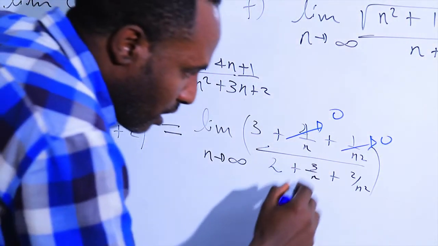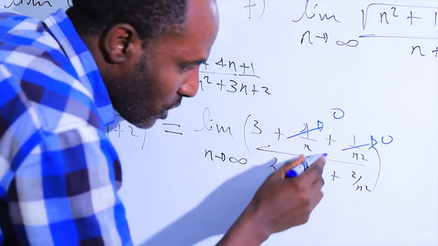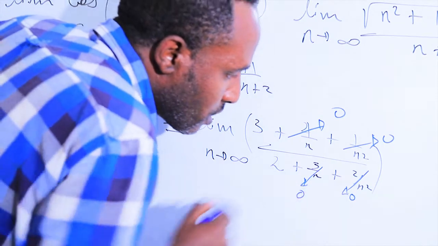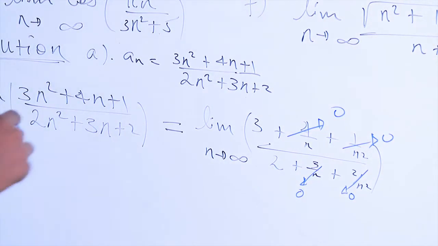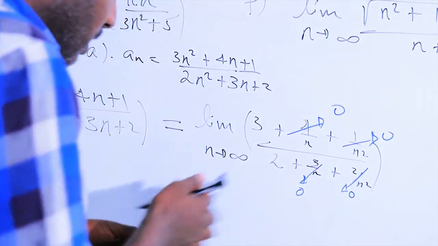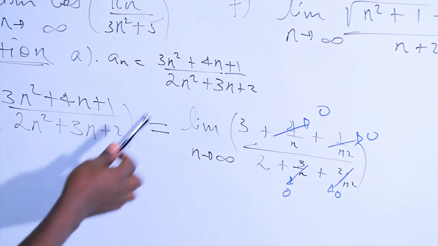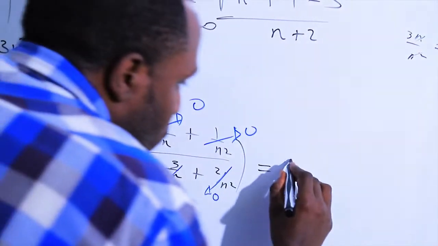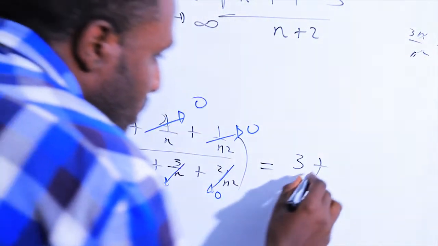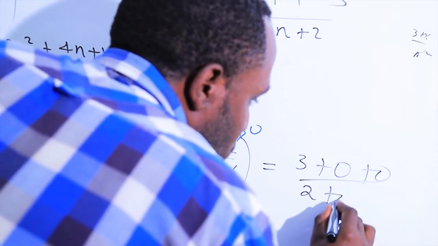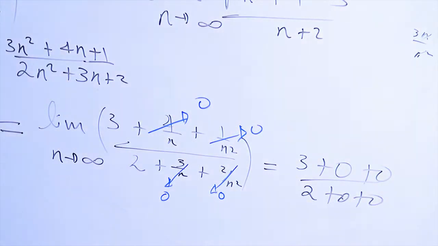And again 3 over n, when n tends to infinity, becomes 0, and this also becomes 0. So what's left is that the limit of all this, as our answer, is exactly equal to 3 plus 0 over 2 plus 0 plus 0.